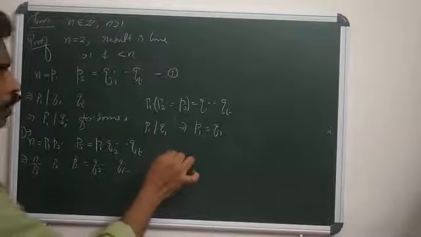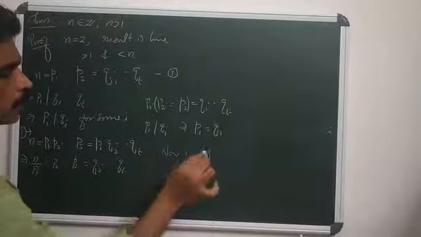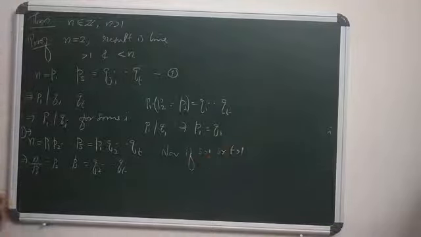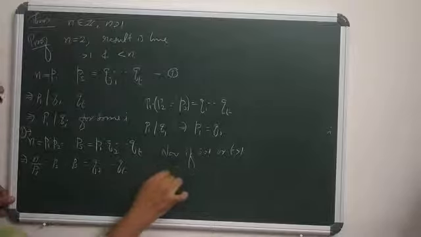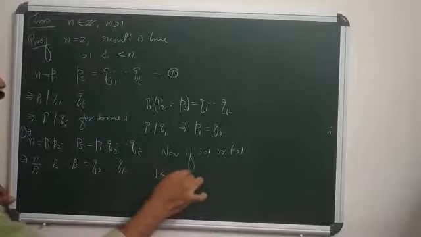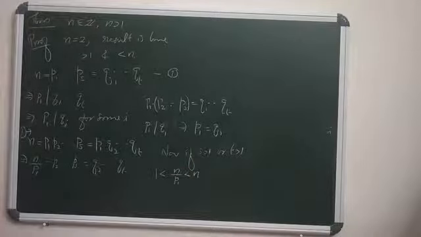Now if s greater than 1 or t greater than 1, surely 1 is less than n by p1, strictly less than n.